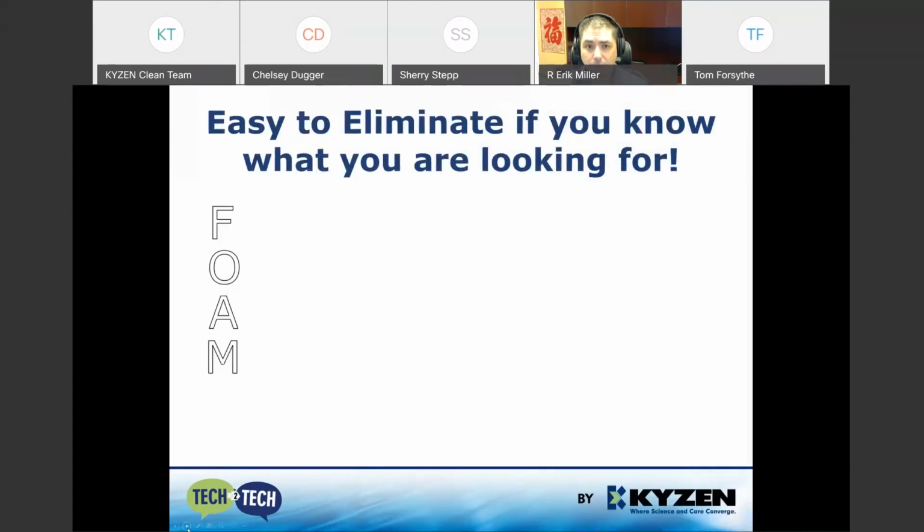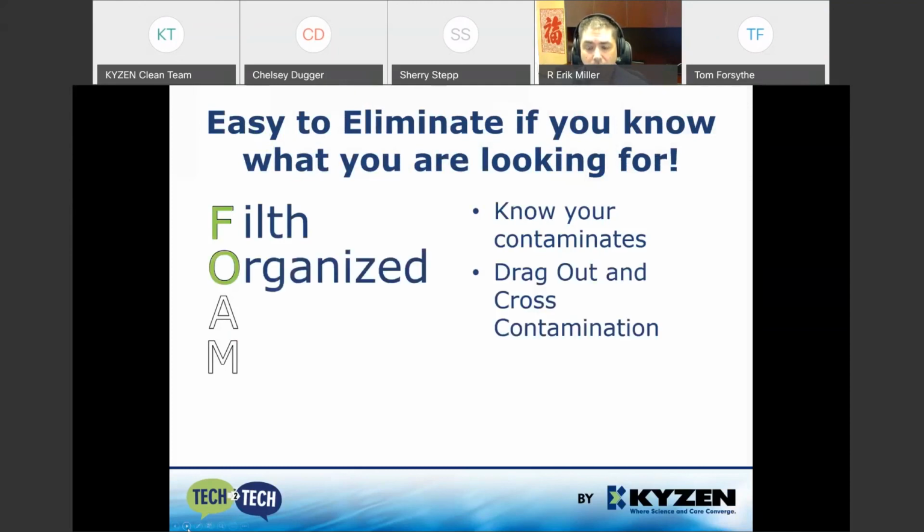So it's pretty easy to eliminate foam. You just need to understand what's coming into your process, what those contaminants are. You've got to stay organized and make sure that we're reducing and minimizing cross contamination or drag out.